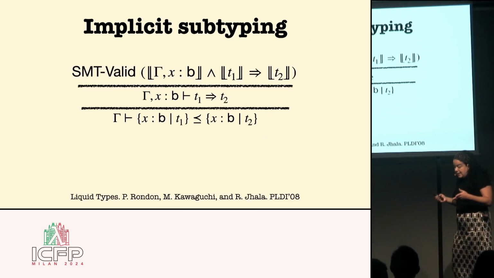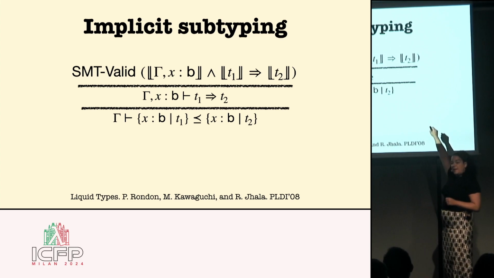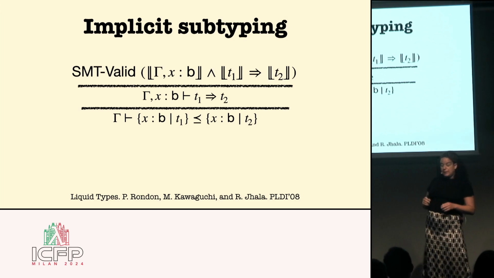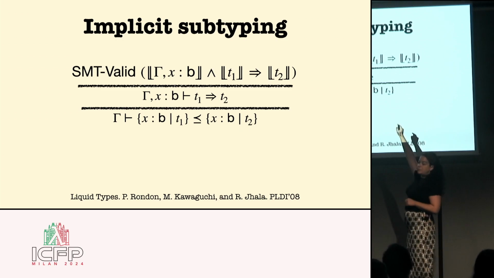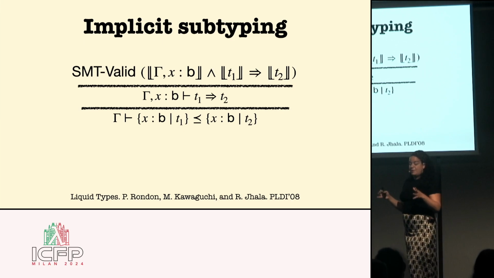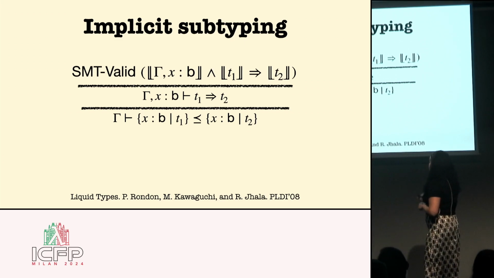So, a simplification of what liquid types say: I like this implicit subtyping that has zero obligations on the user, but I want to check this implication with an SMT solver. And we know that an SMT solver should only receive decidable questions, because otherwise it becomes unpredictable.